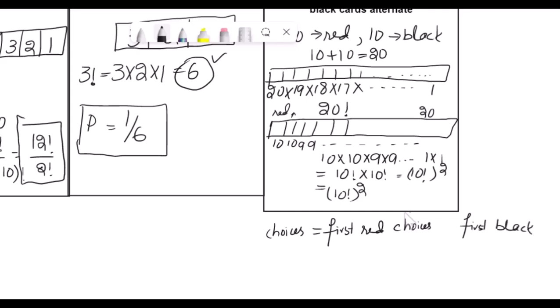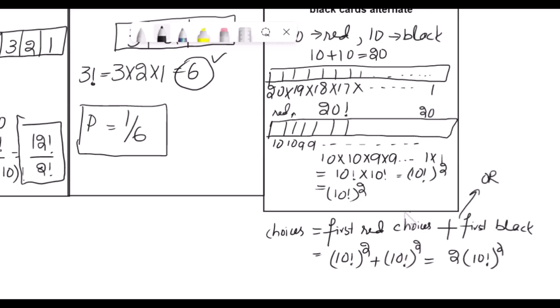These are basically the two choices, and any one of those can be the possible outcome. To tackle questions where 'or' is concerned, one of the two will be the correct one. I can use the plus sign here, which is used to denote the or operation. For the first red choices, I will have 10 factorial whole squared, and similarly for the first black I will have 10 factorial whole squared as well, and here it will be 10 factorial whole squared.